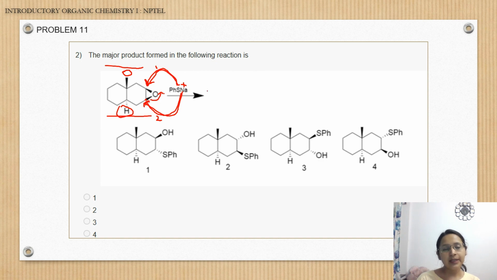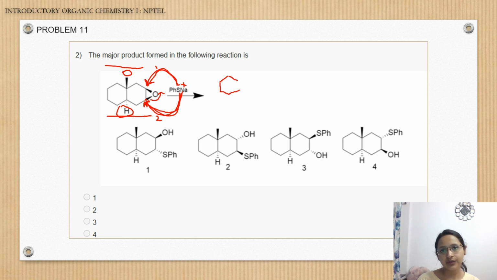Now tell me which is the correct answer among these four options. Option 4. Option 4. Is it really option number 4? Because here sulfur is going through the second path. Option 3. See, you end up with this particular system.